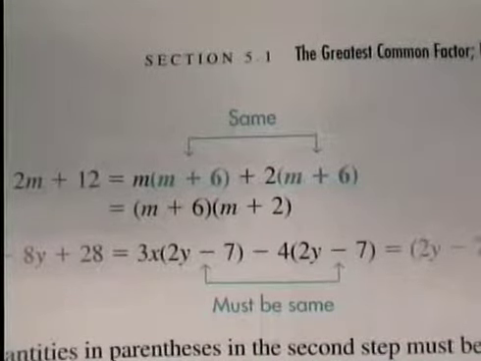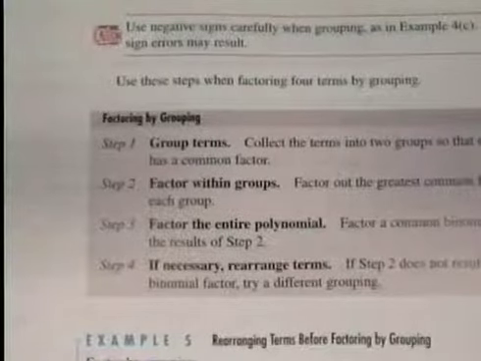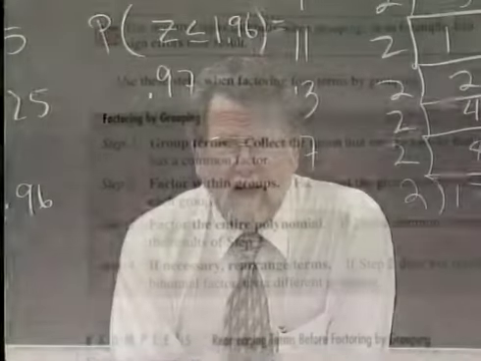What your text is trying to, see, what's the right phrase here, convince you to do is as follows in this process: factoring by grouping. Group terms, factor within groups, then factor the entire polynomial, and if necessary, rearrange terms.